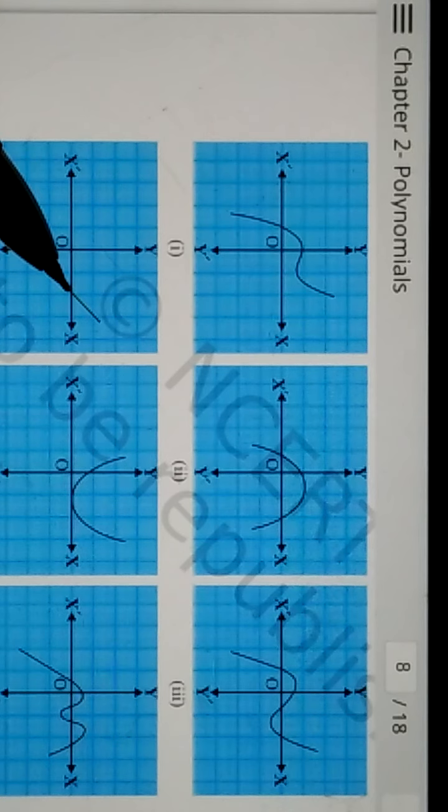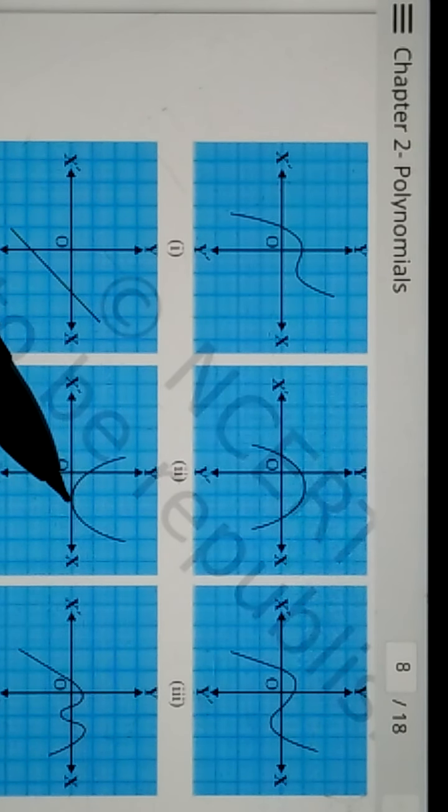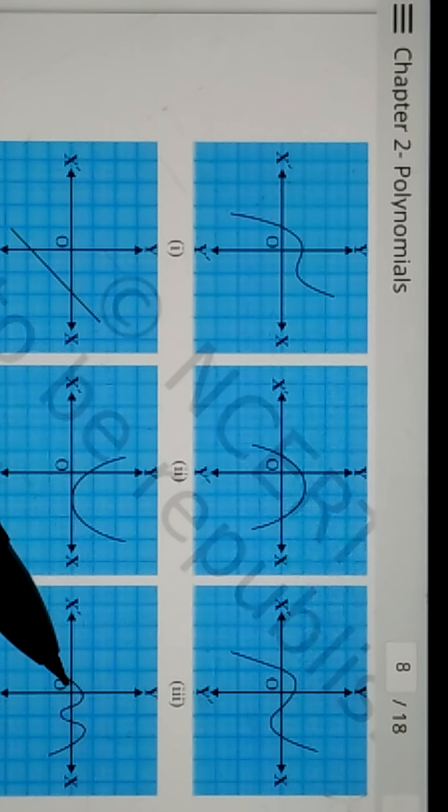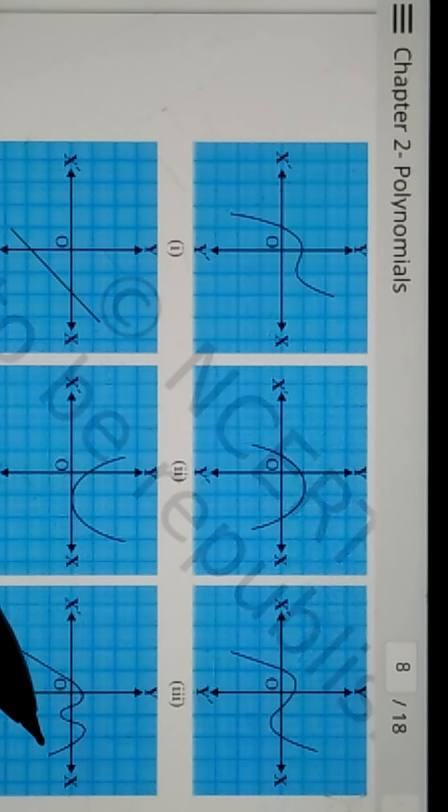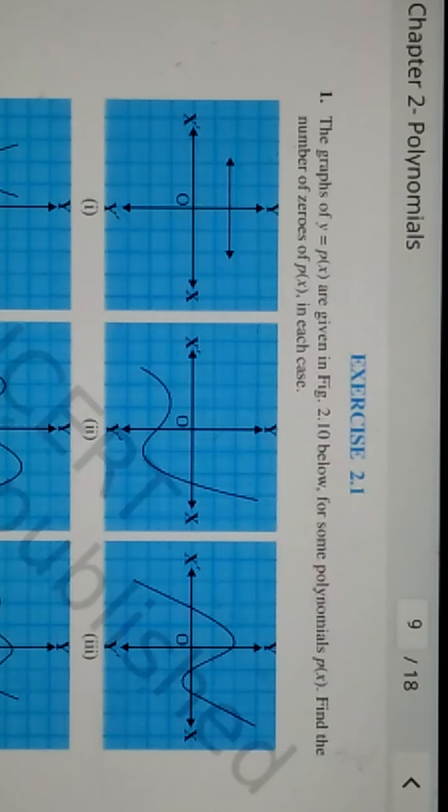This one is cutting x-axis at 1 point. Okay, y-axis we are not bothered about. Okay, y पर कहीं पे भी कितनी बार भी cut करे, it's about x-axis. So x-axis 1 again, 1 zero. This one is touching at 1 point, 1 zero. The other one 1 2 3 4 points से pass हो रहा है. So this will be of degree 4, or it will have 4 zeros.